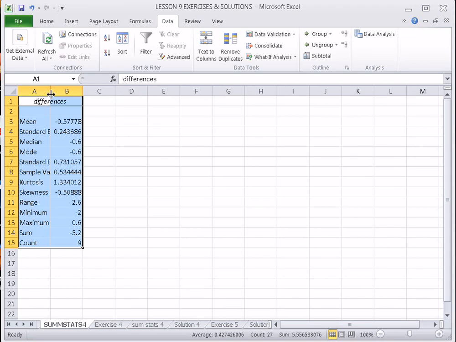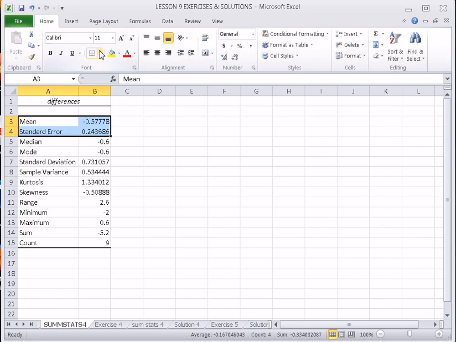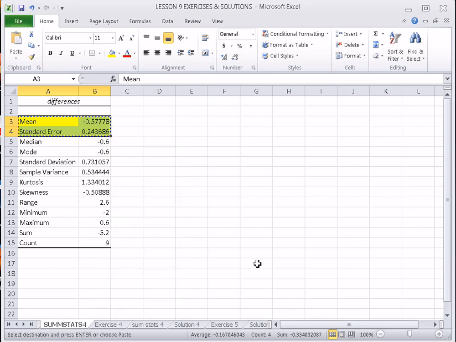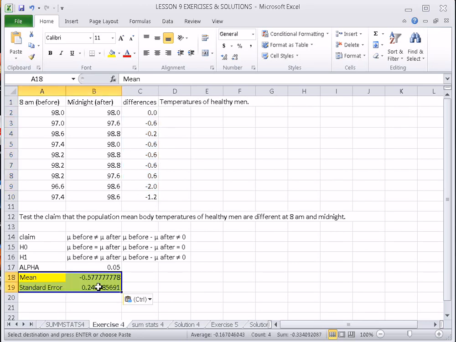Okay, and here it is. Remember, we only really need the mean and the standard error. So let's take these and bring them back to our problem. And these are our sample statistics.